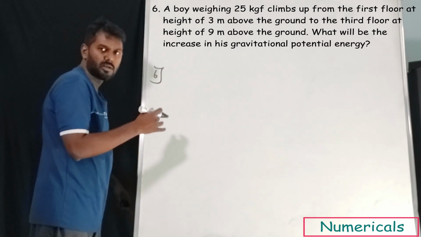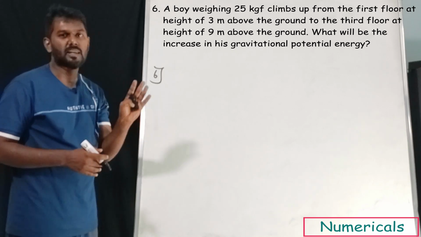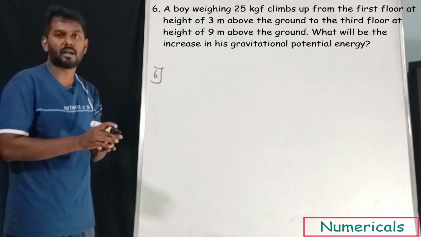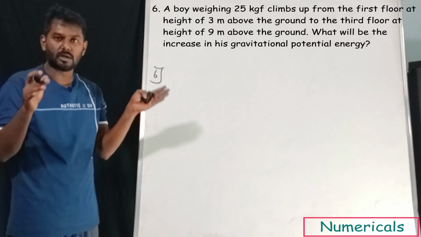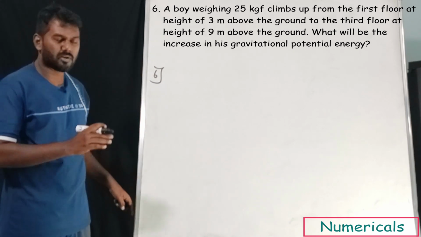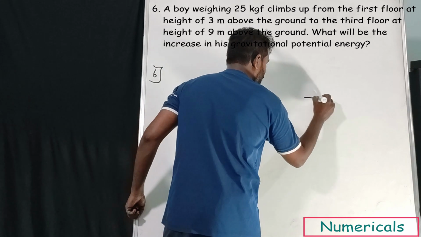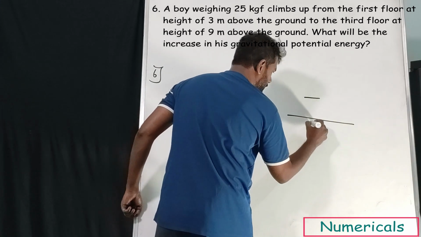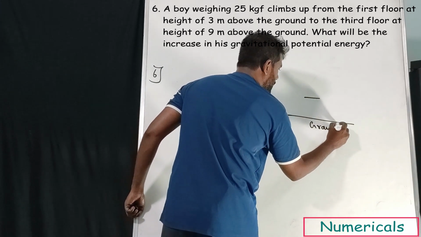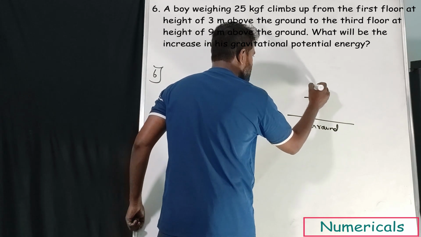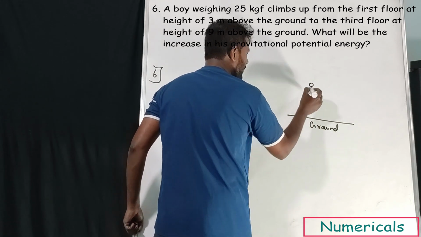See, for this question, if you write the diagram, it will be really helpful. In the exam, if you write the diagram, don't worry, they are not going to cut the marks. That is for your reference, okay? First I'll write the diagram. See, this is the ground. Now the boy is on the first floor.